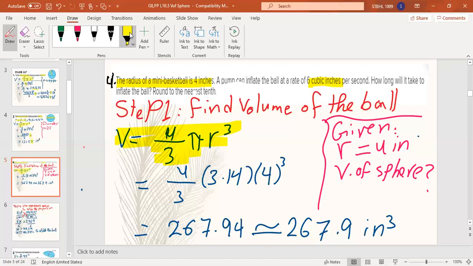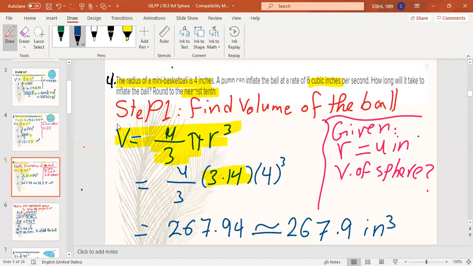And here we will substitute by pi equal 3.14. Why, teacher? Because the question asks you to round your answer to nearest 10th. So the volume will be 267.94. And the question asks you to round to nearest 10th.